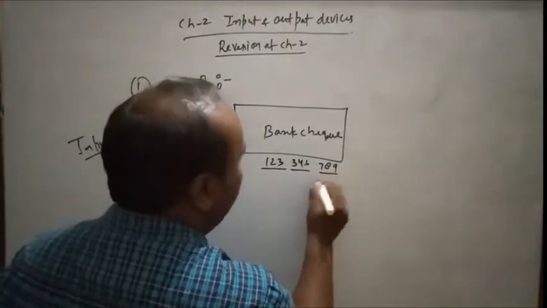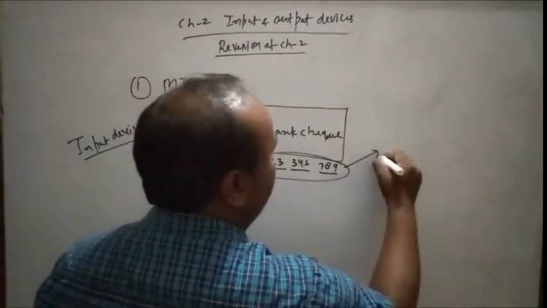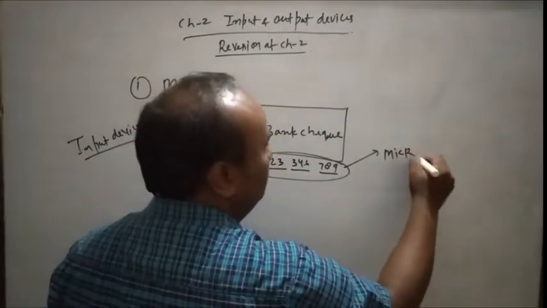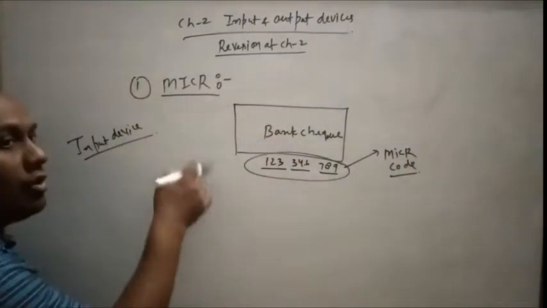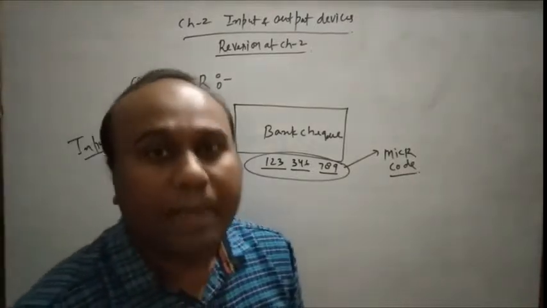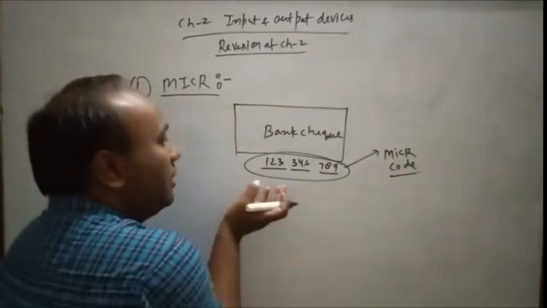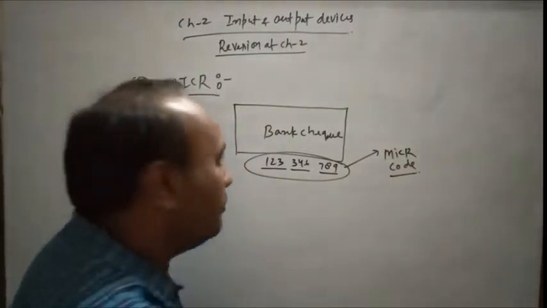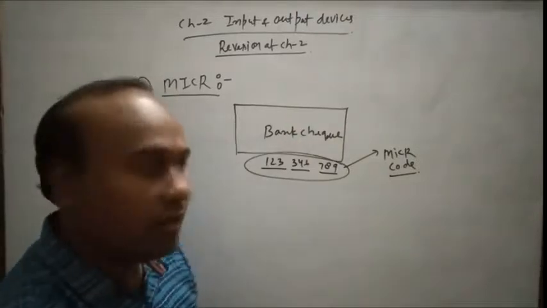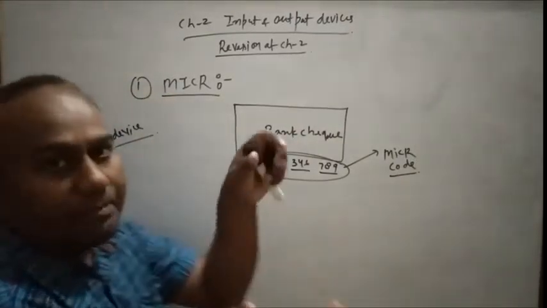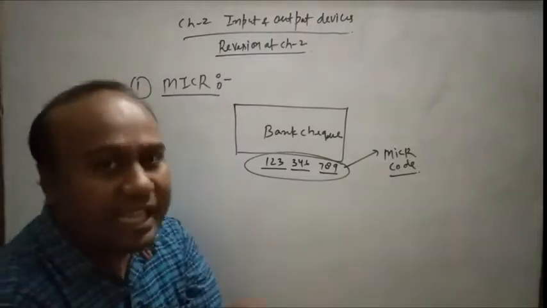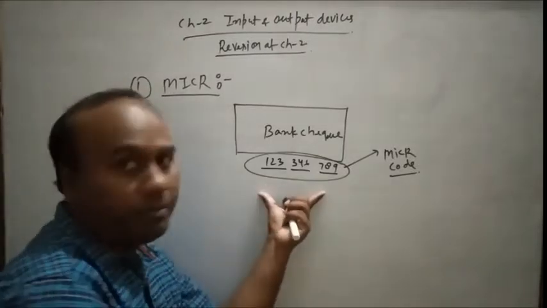This code is called the MICR code. Now how will the MICR code work and how can the bank identify the person whose code is here? This bank check is used to clear the identity of the particular person.